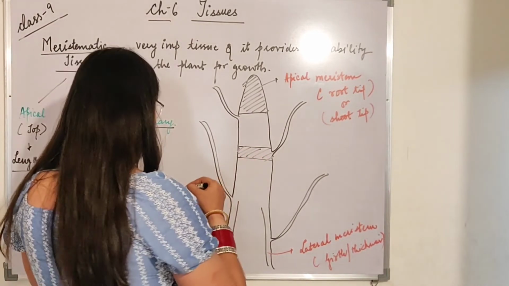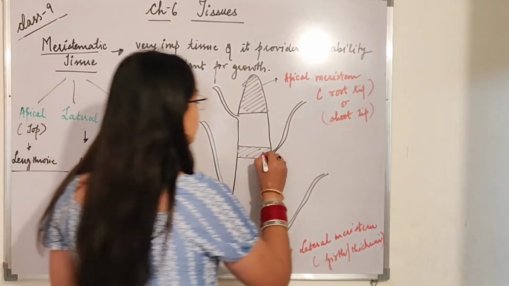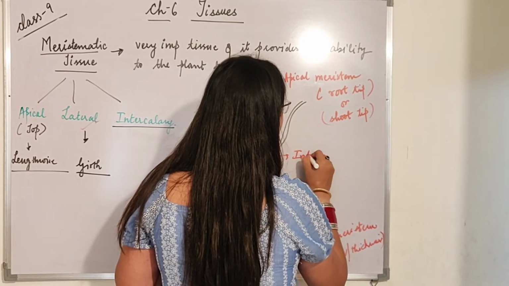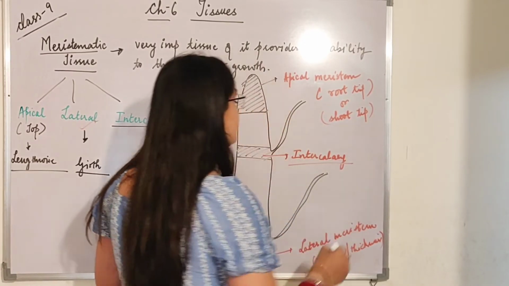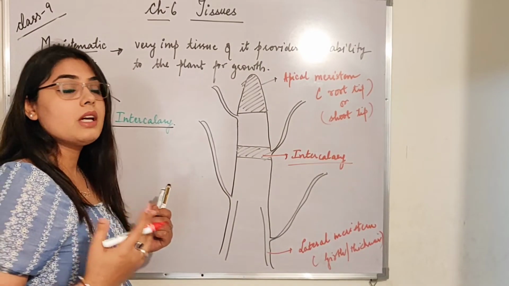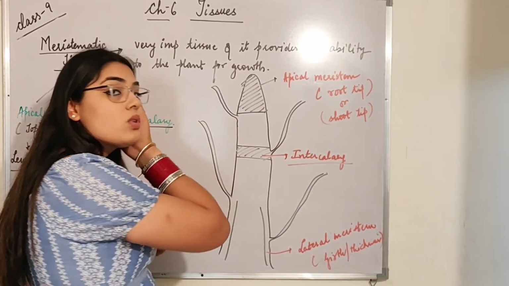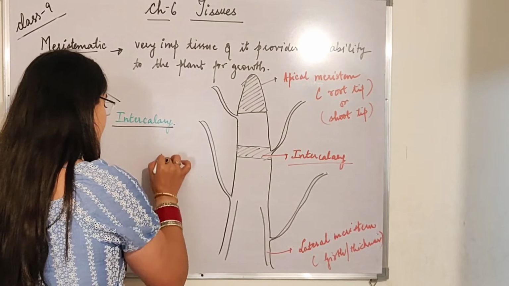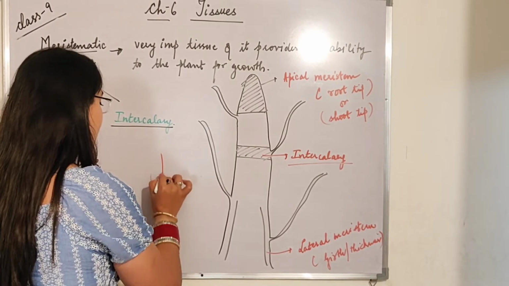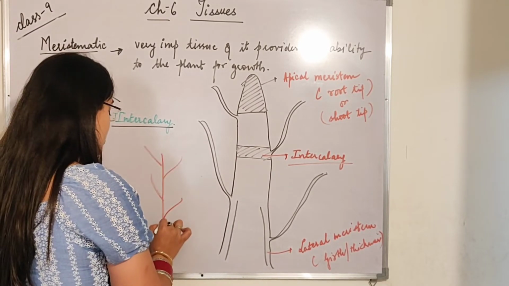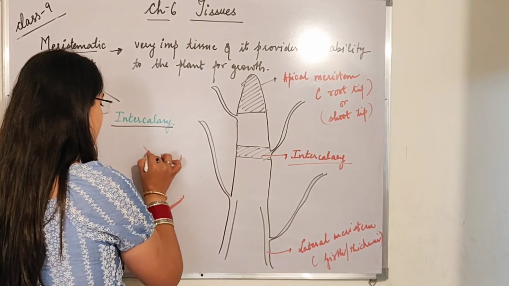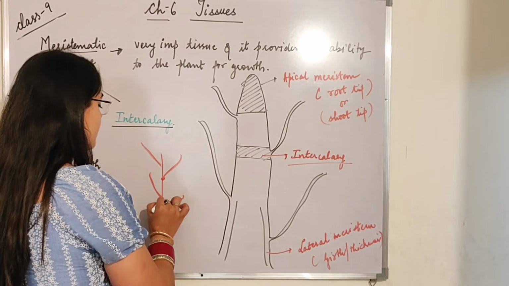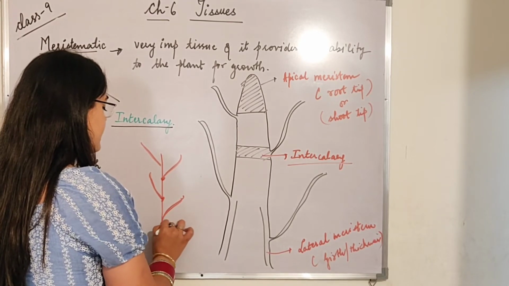Now the last one, that is the intercalary beta. This is representing the intercalary meristem. So this intercalary meristem is present between the nodes and the internodes. If this is a plant beta, the point from where the branches and the stems are arising, this point is the node.